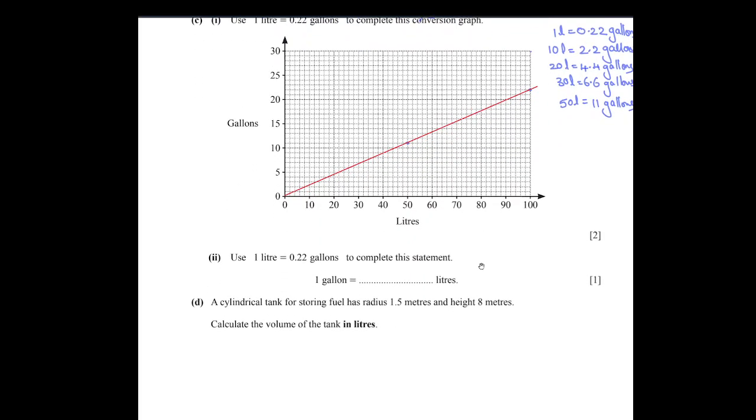Now next, the second question. Use 1 liter is equal to 0.22 gallons to complete this statement: 1 gallon is equal to how many liters? Again a conversion here, we have to change gallons into liters.